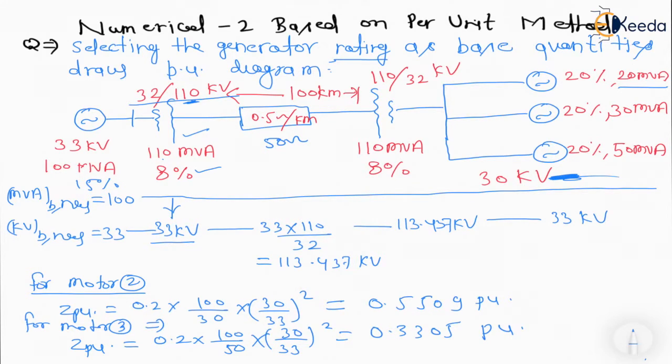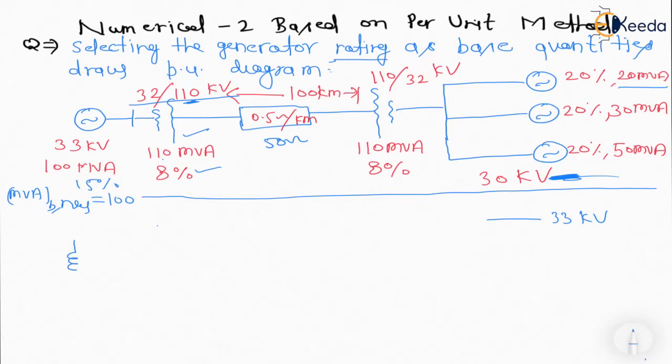Now we are going to represent the single line per unit diagram. First we will draw the generator reactance, that is J 0.15, voltage 1 pu, which is 33 upon 33, you can calculate.